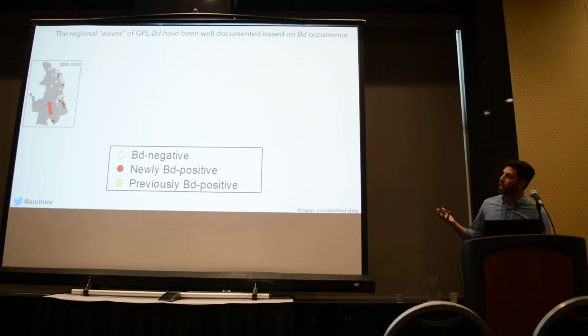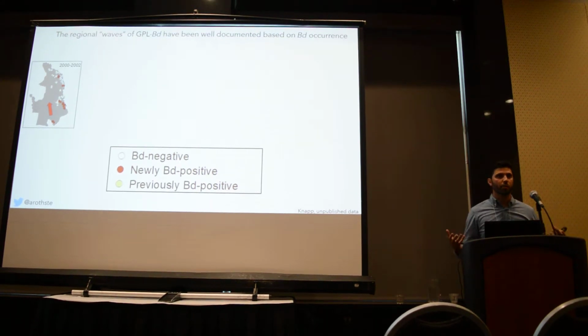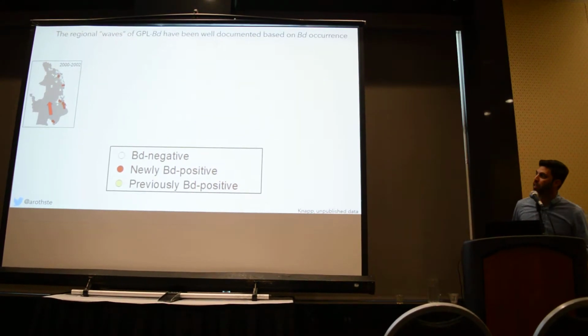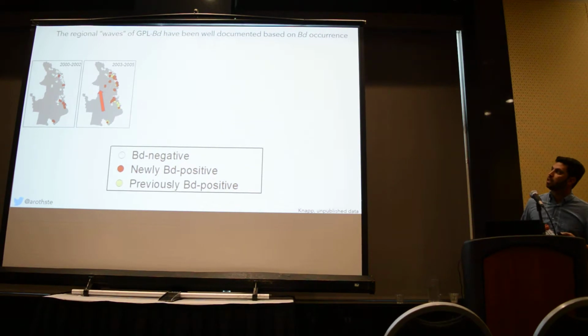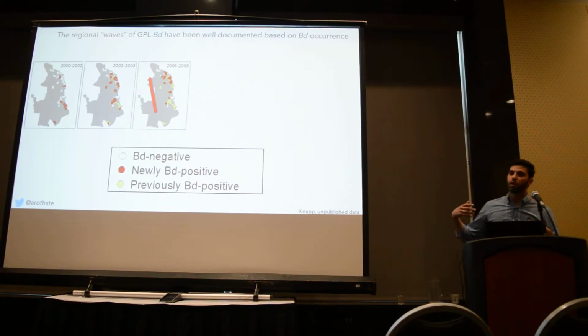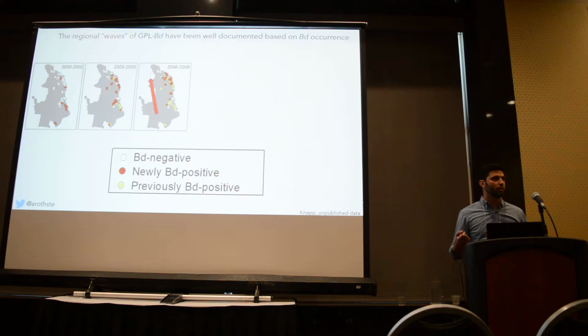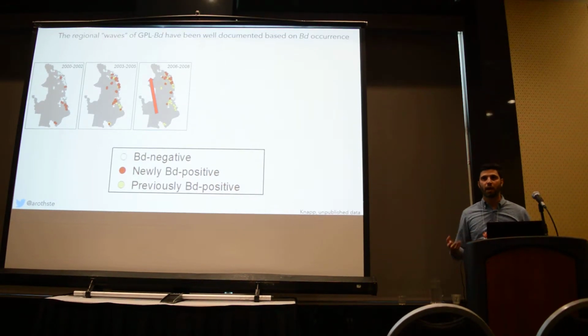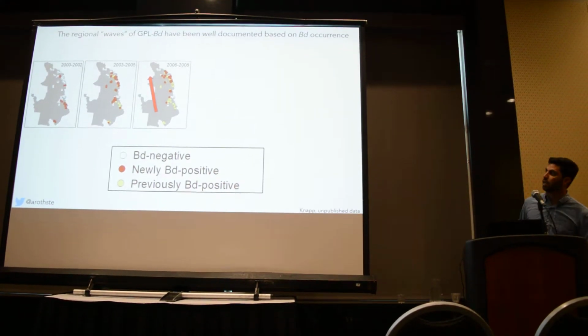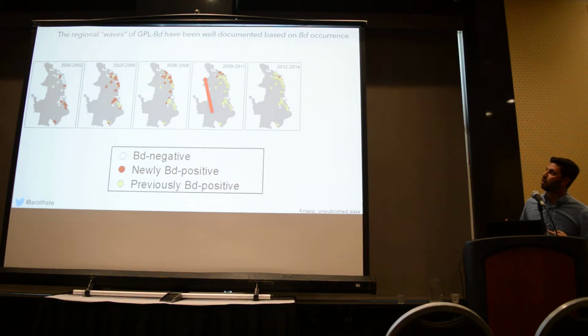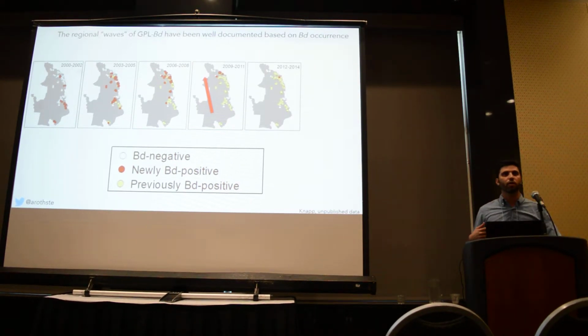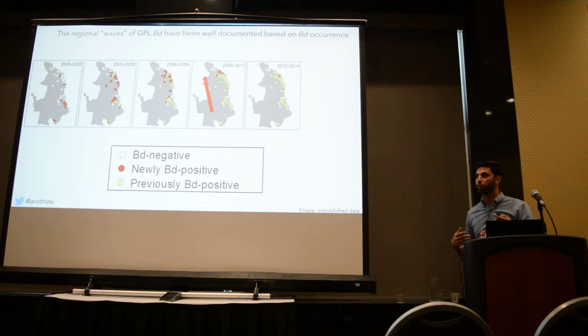And then the red is where we start seeing Bd popping up. So this is the 2000s, and as I progress, we can see that we're filling in with the reds and the yellows across these populations, indicating Bd occurring in these populations. It's a progression in a wave going from south of the park to the north of the park.